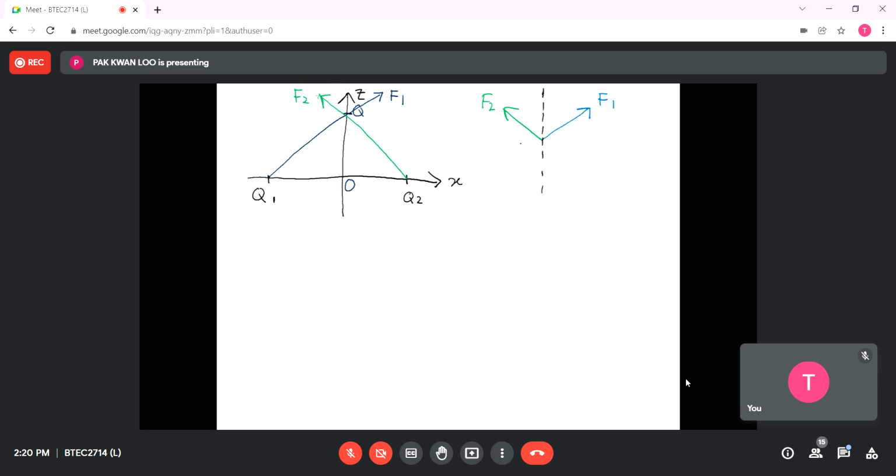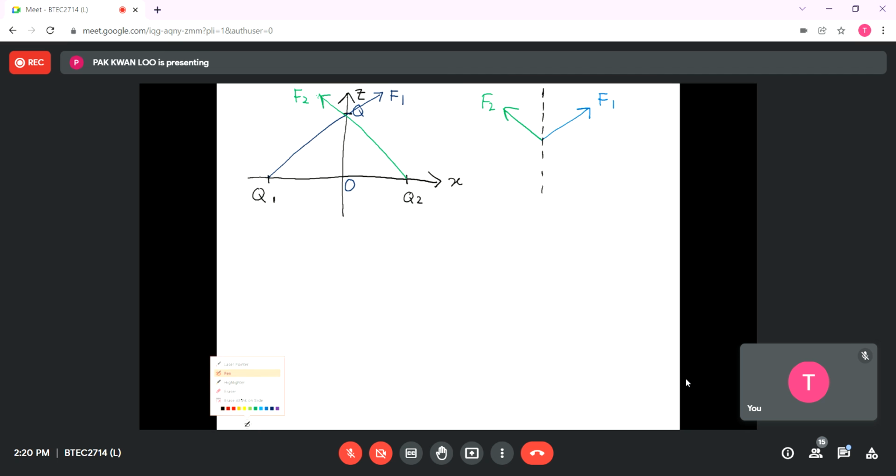If I give you an angle here, you can decompose the vector into the vertical component and the horizontal component.